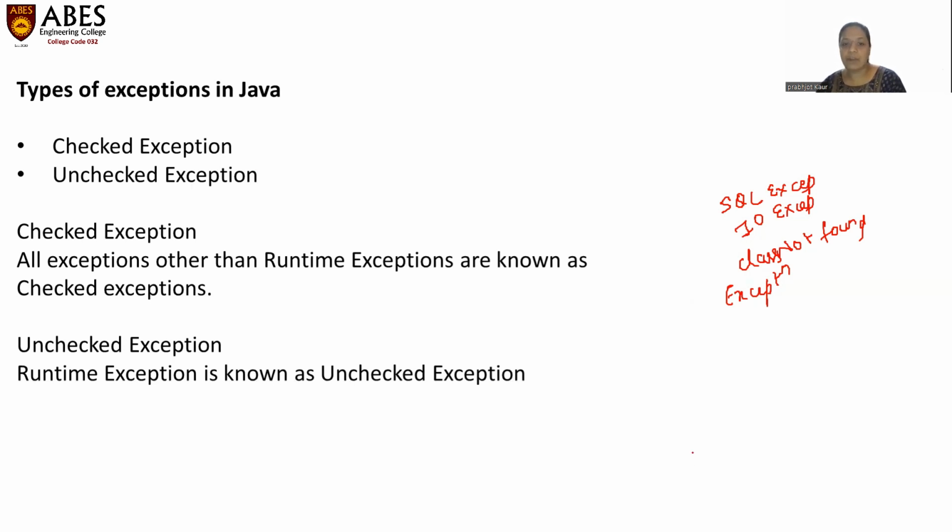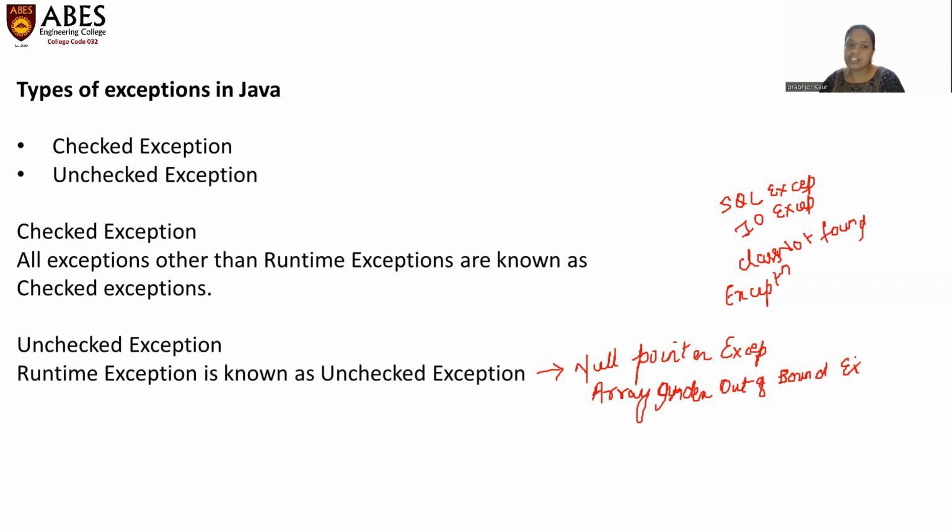Some examples of unchecked exceptions are null pointer exception and array index out of bound exception. These are the unchecked exceptions which can be handled by only and only the programmer. It is a complete responsibility of a programmer to handle this type of exception.